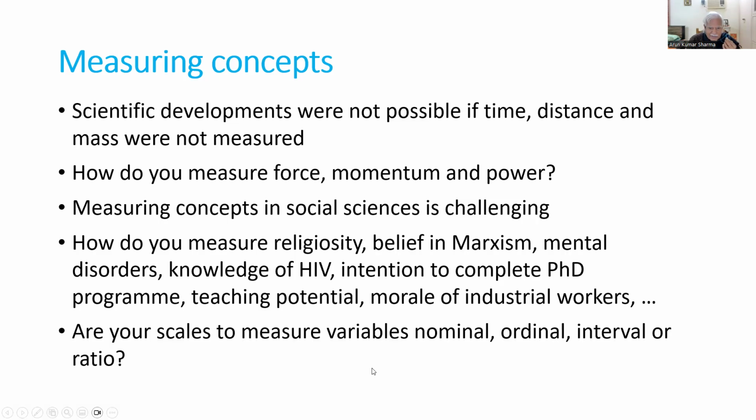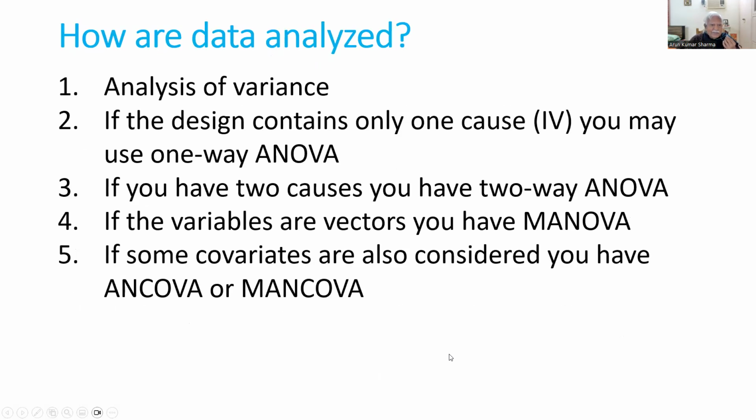Although I am talking to you about experimental method, I feel it necessary to mention that these things are equally important: review of literature and measurements of your dependent and independent variables. They are very important issues in getting good results from experimental method.